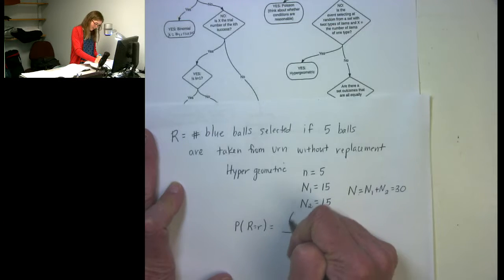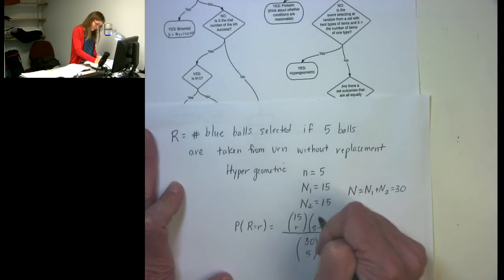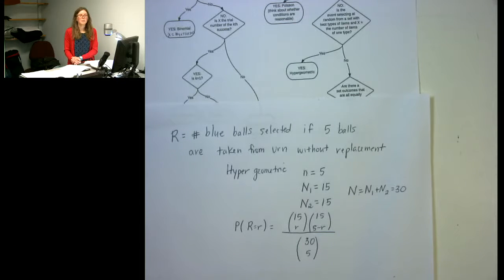On the top, I have the number of ways I could choose r of the blue balls and 5 minus r of the 15 not blue balls. And that would be my probability mass function for this distribution.